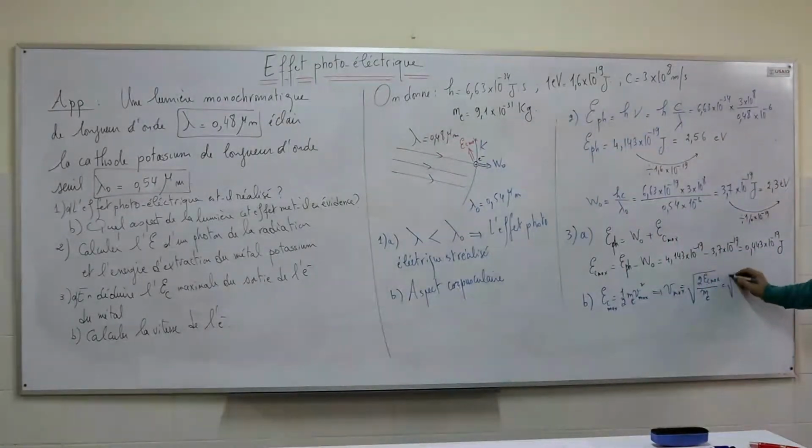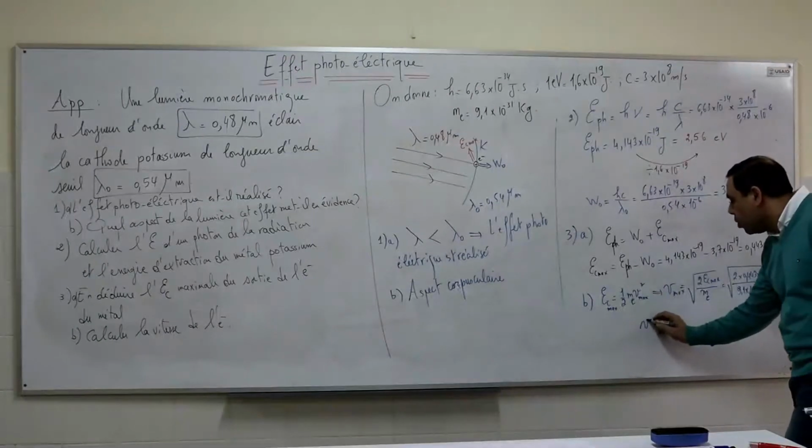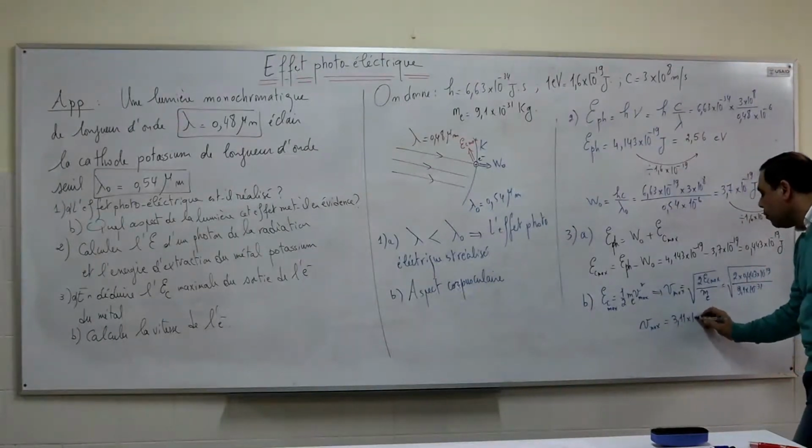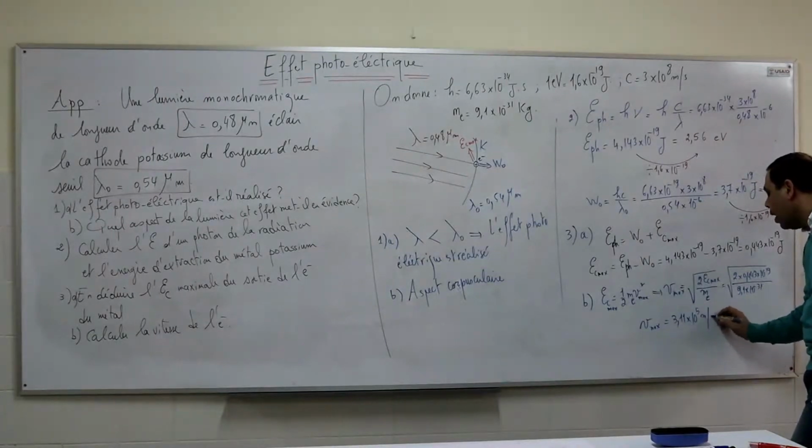We substitute the values, and the result is 3.11 times 10 exponent 5 meters per second.